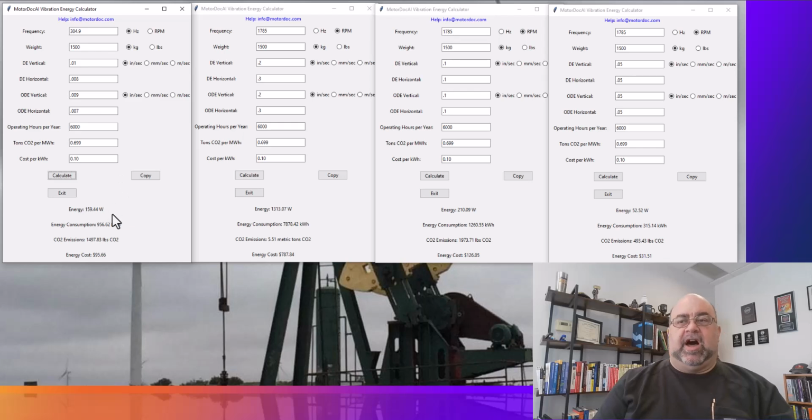So my losses across that defect on that race, this should be probably the inner race, would be about 159 watts of loss. So that means 1,500 pounds of CO2. That's still a fair amount.